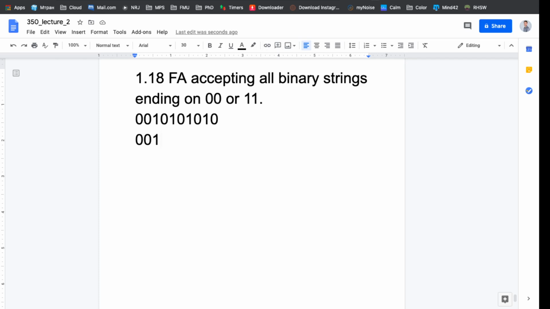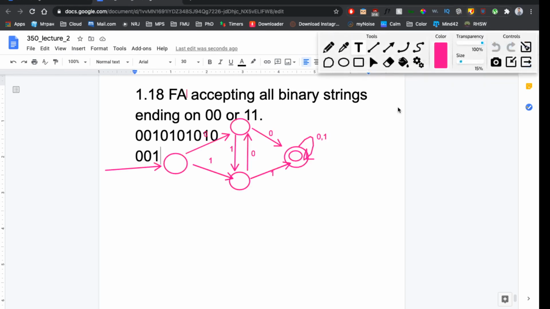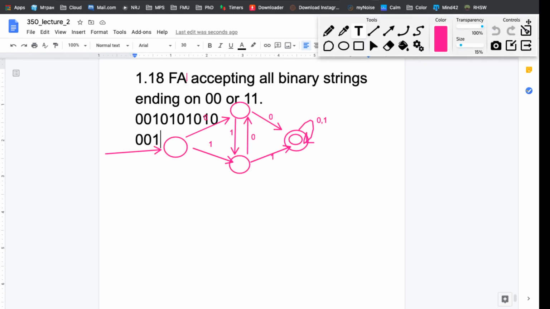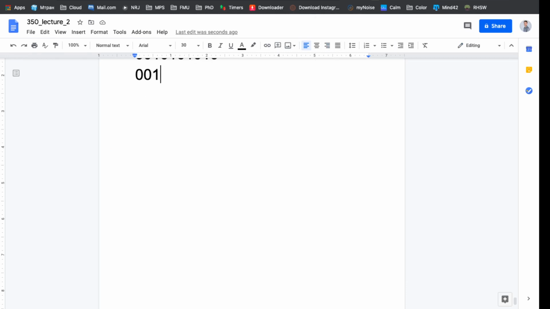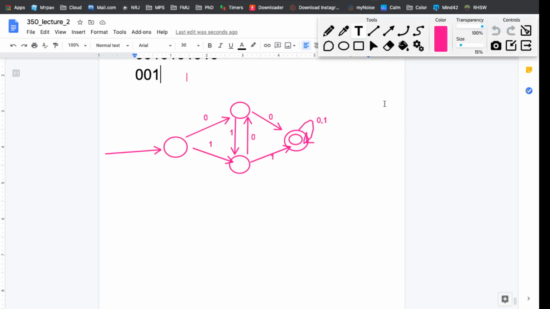Okay, so let's think what we need to change in this position. What do we need to change? So this part is going to be the same, like these three states, this guy also, but definitely not going to have a loop.